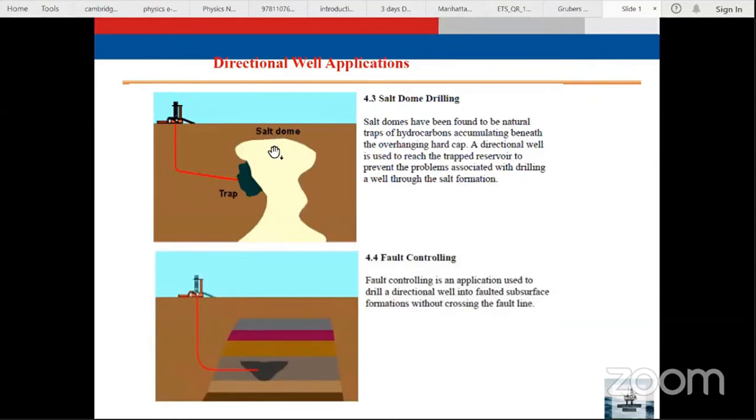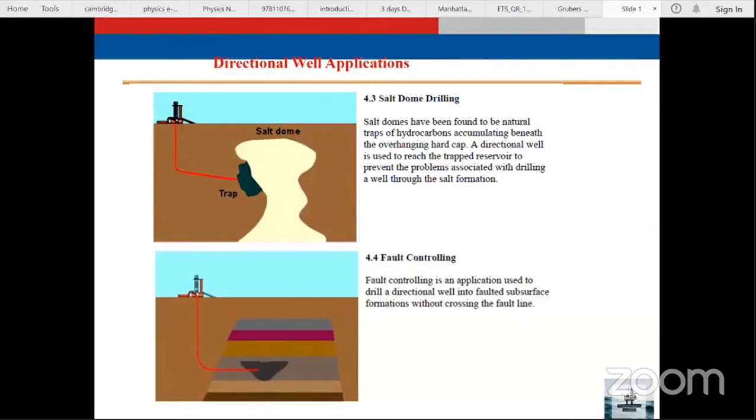In conventional or vertical drilling, a salt dome causes many drilling problems: it deviates the hole from the original location, it causes corrosion of the equipment, and it causes impurities in the drilling fluid. So I deviate from the location of the salt dome and then drill directional wells to avoid all the problems associated with the salt formation. This is a great application of directional drilling that saves a lot of money in solving the problem of drilling inside the salt dome.